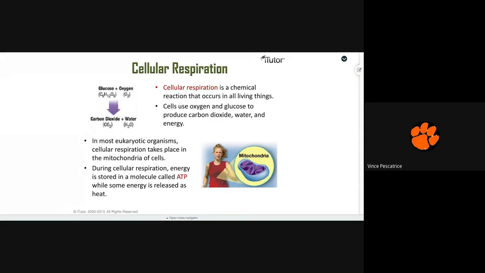Cells use oxygen and glucose. All right.